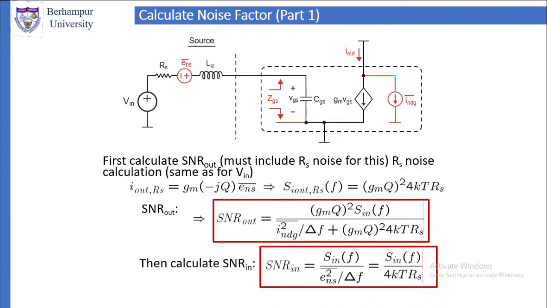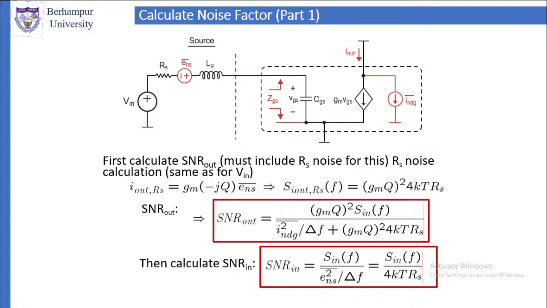So I output due to RS is equal to Gm into minus jQ into the mean of the noise En RS. That gives us the spectral density of the output current in the presence of the source resistance as (Gm Q) whole square into 4kT RS.